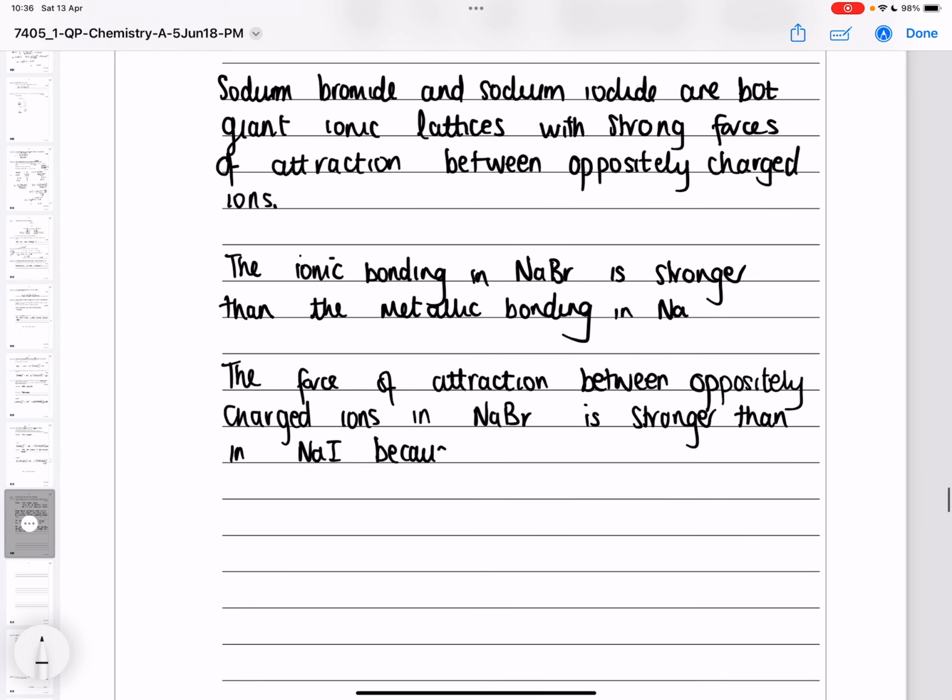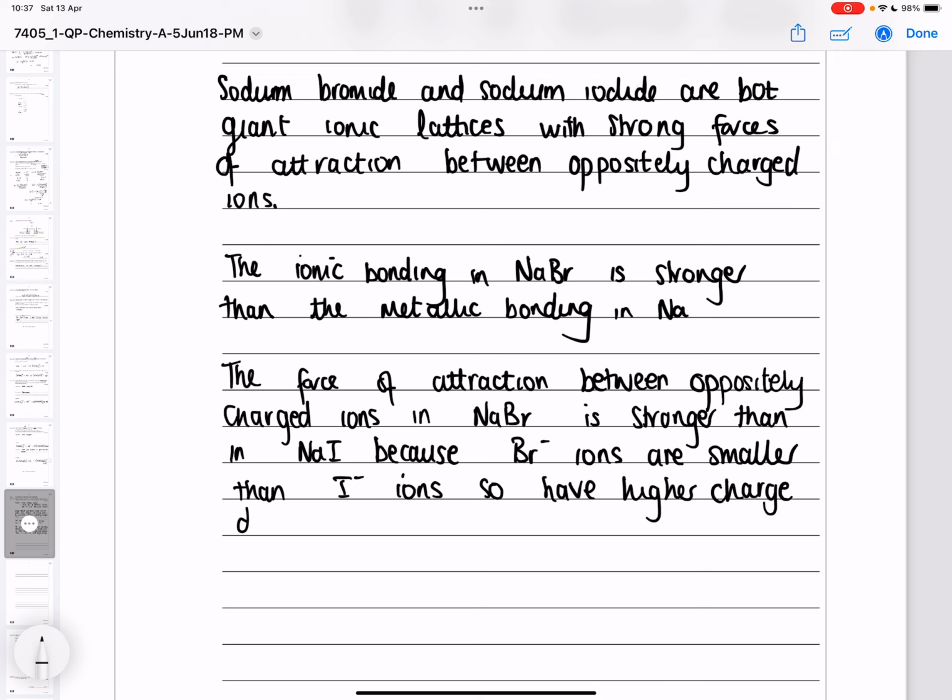Because Br minus ions are smaller than I minus ions, so have higher charge density.